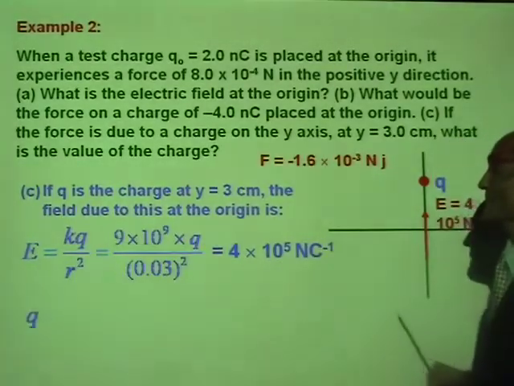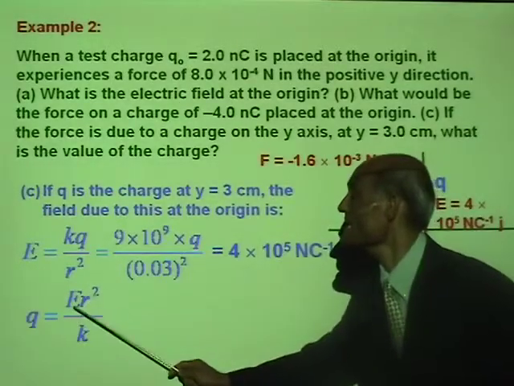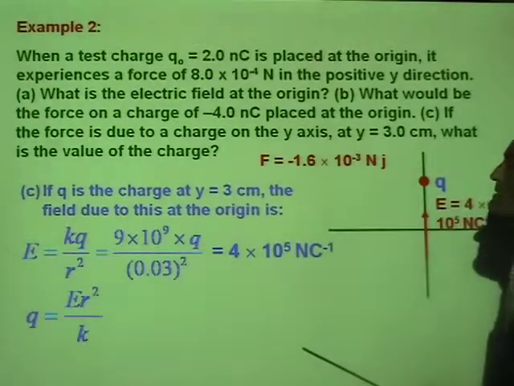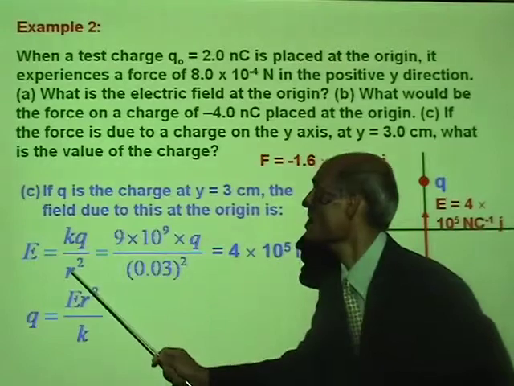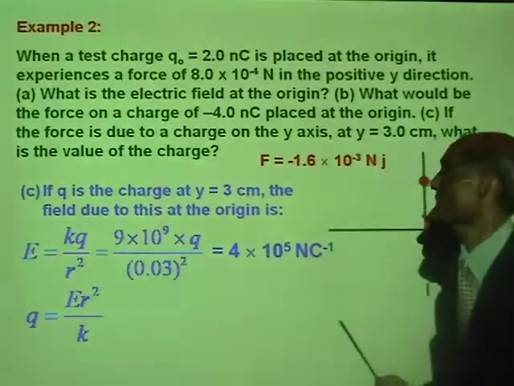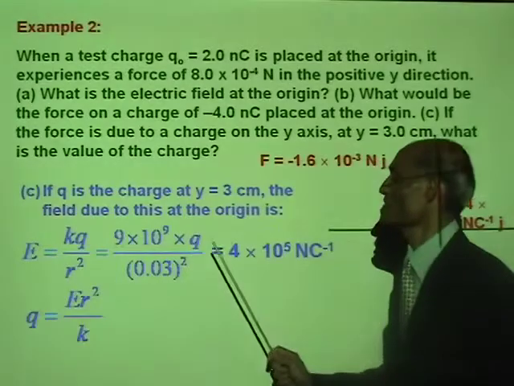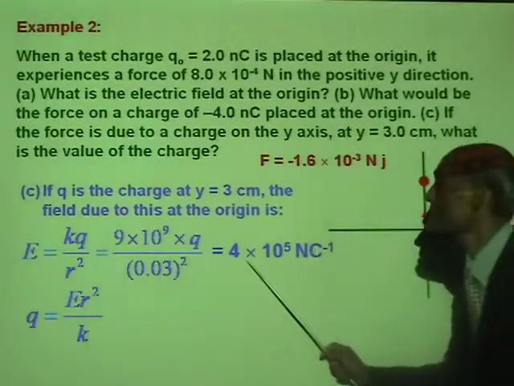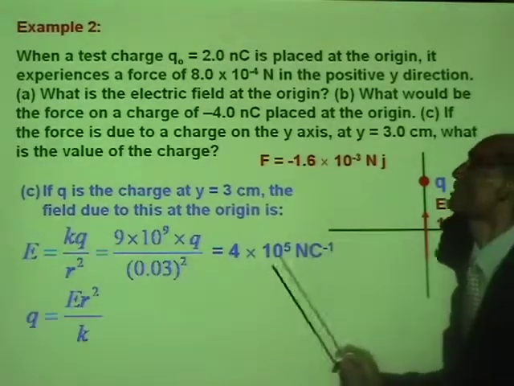We calculated that. And so, that Q will be ER squared over K. Is that right? Yes. Q equals ER squared over K. We don't know what that charge is, but we know the electric field. We have calculated that electric field, 4 times 10 to the 5 Newton per coulomb.